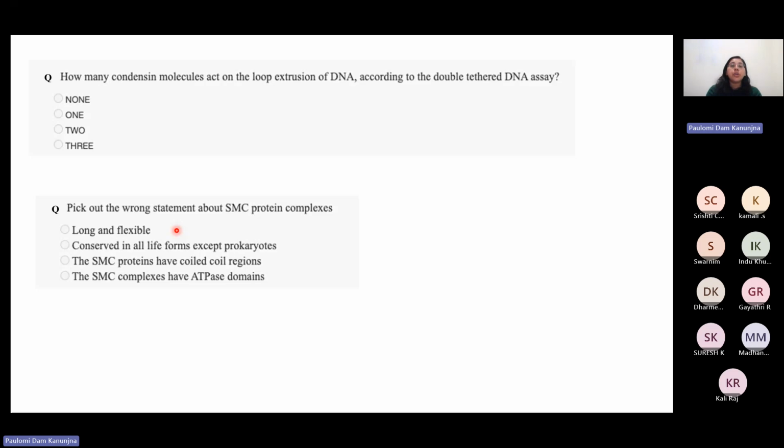How many condensin molecules act on the loop extrusion? This is very easy. How many do you need? How many molecules should come for extruding the DNA?